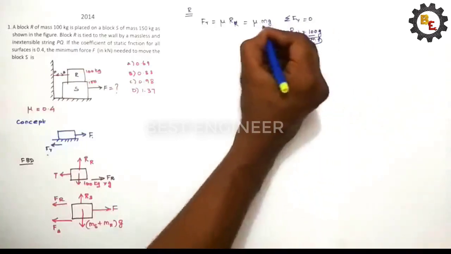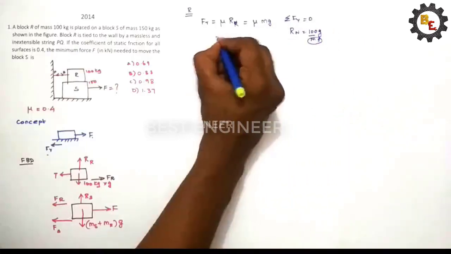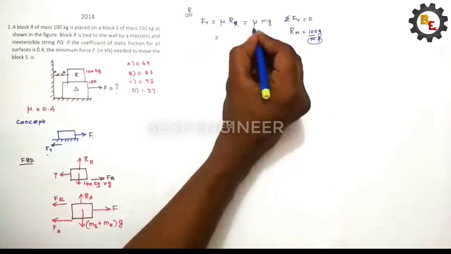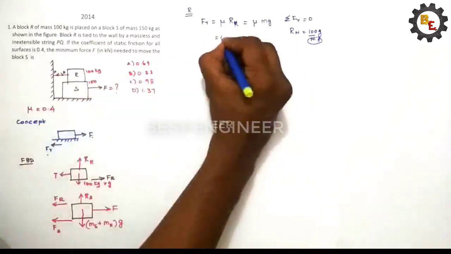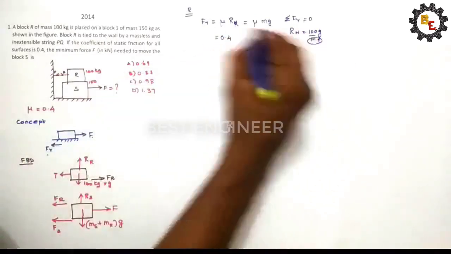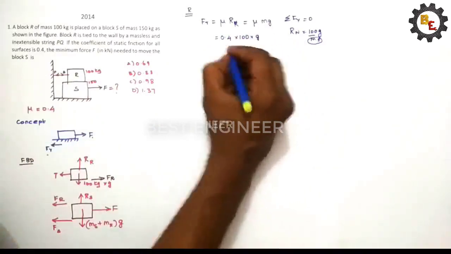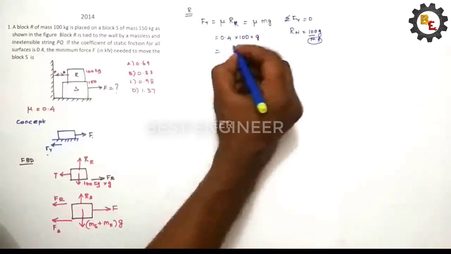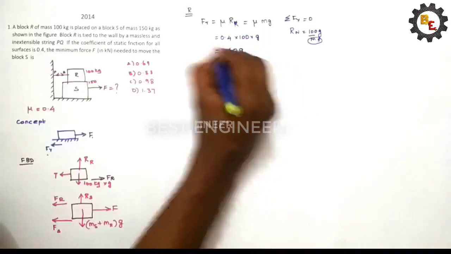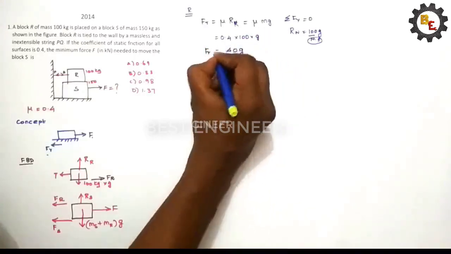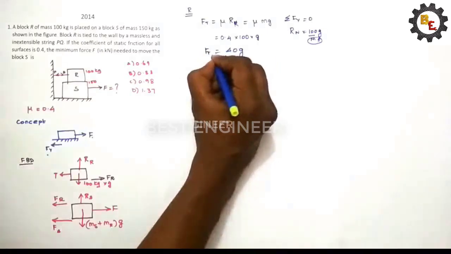Now apply the values. Mu is 0.4, mass is 100 into G, so we get 0.4 times 100, that is 40 G, the friction force for block R.